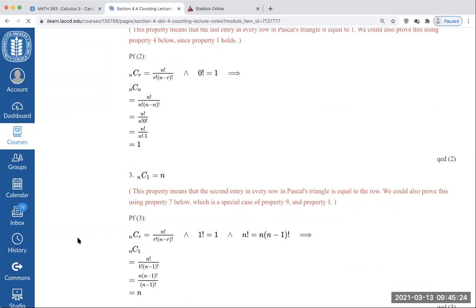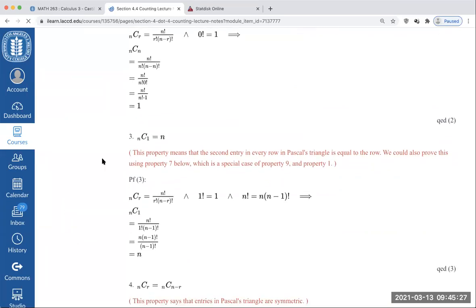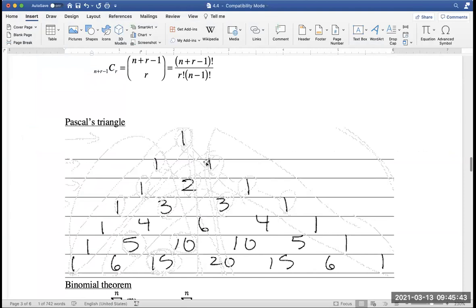Next, property 3, NC1 is equal to n. Let me show you that. So this just says that if I'm reading from left to right here, this second entry just counts the row.